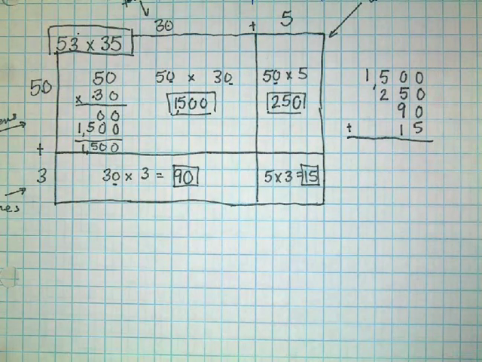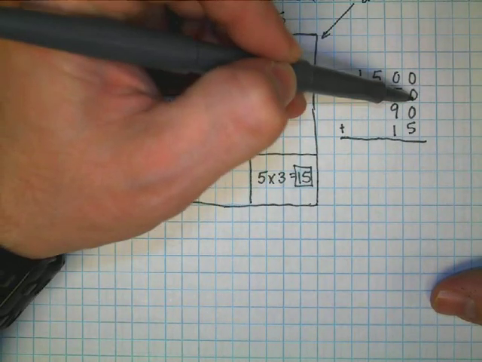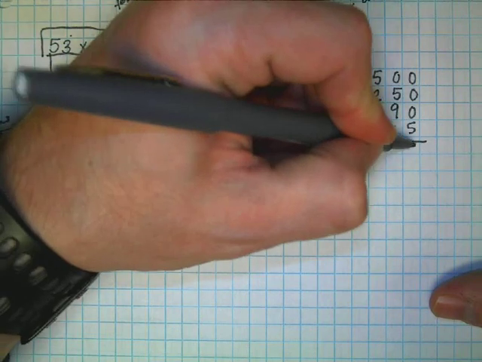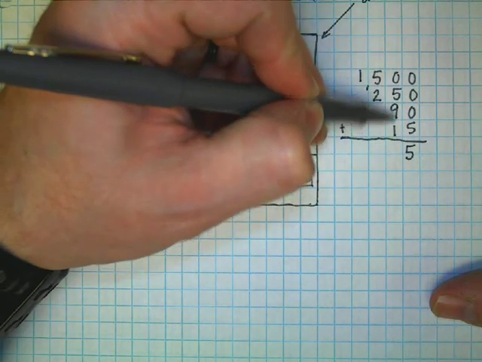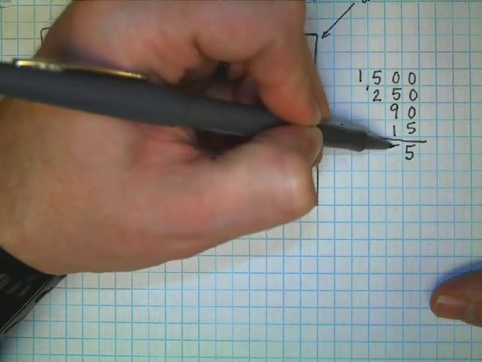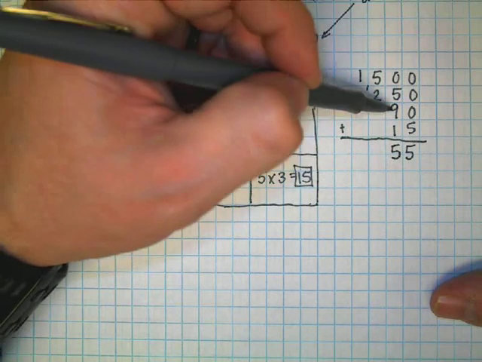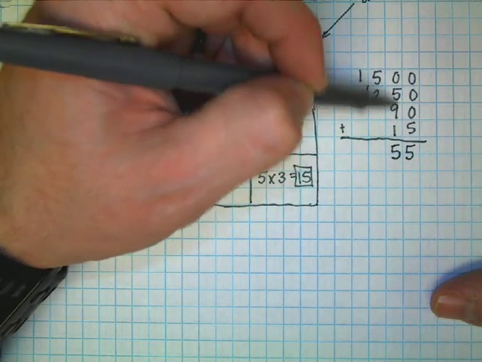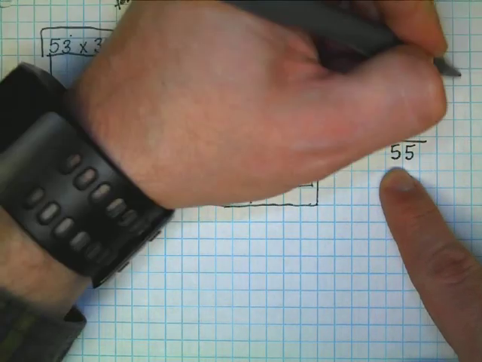So again, going back, 0 plus 0 plus 5 is going to be 5. Now, 9 plus 1 is 10, plus 5 more is going to be 15. Because this is in the tens column, really 90 plus 10 is 100, plus 50 more is 150. In the number 150, I have 5 tens, but I need to regroup 100.